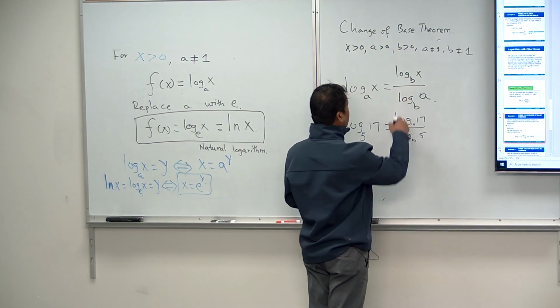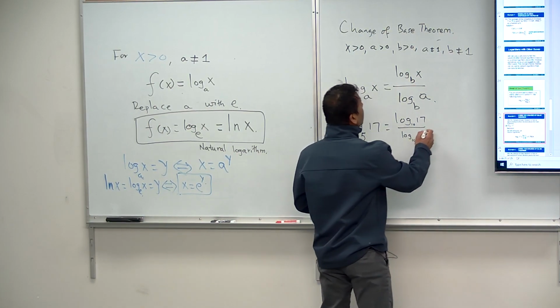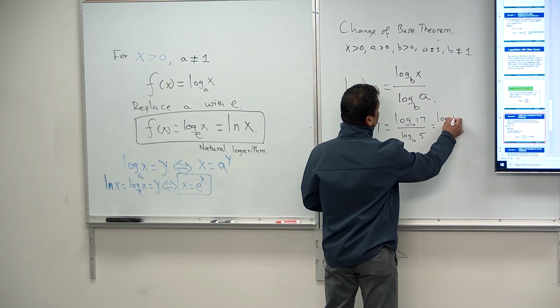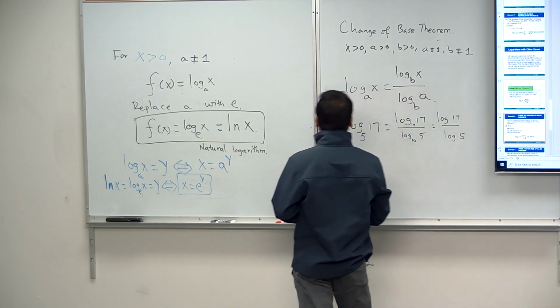This is from the change of base theorem, right? And that is equivalent to log 17 over log 5. So what is log 17 over log 5? You just use the calculator.